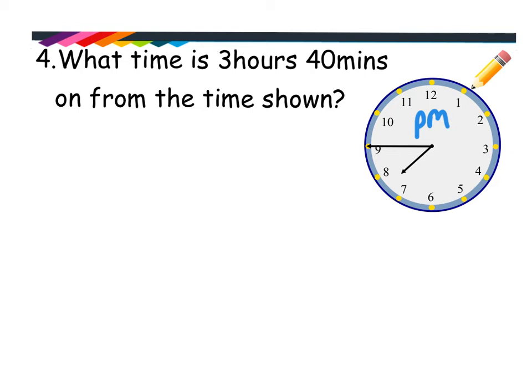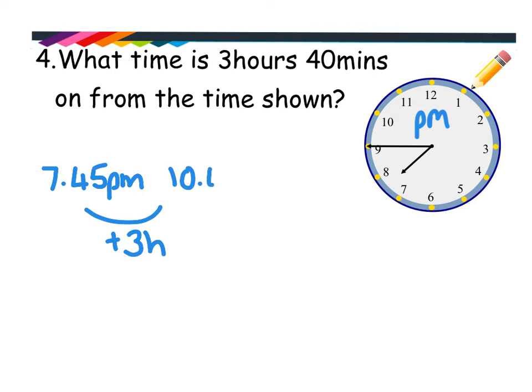So we need to start with the time that's on the clock. Now that's 7:45, which you would write as 19:45. Okay, so we're at 7:45 PM. First thing I'm going to do is add on the 3 hours. So adding on 3 hours takes you to 10:45 PM.